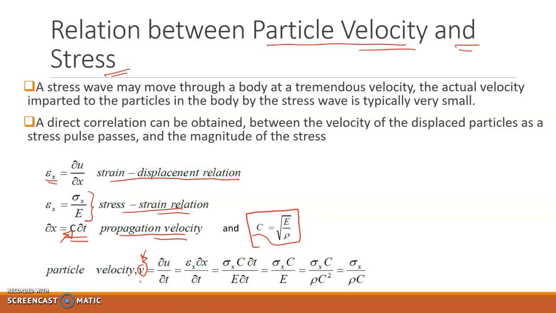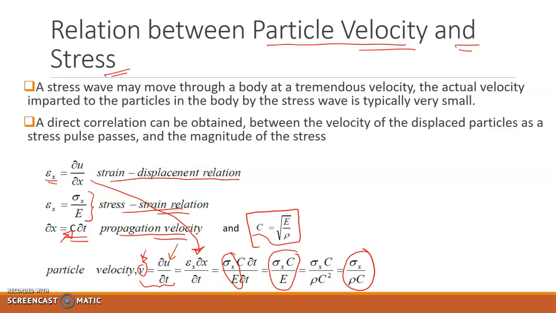So the particle velocity is given as ∂u/∂t, that is v equals ∂u/∂t, and that can be modified to finally become sigma x by rho c. Initially ∂u/∂t is replaced with epsilon x times ∂x/∂t using the strain displacement relationship. Further, epsilon x equals sigma x by E will be substituted here, and we know that c equals ∂x/∂t.